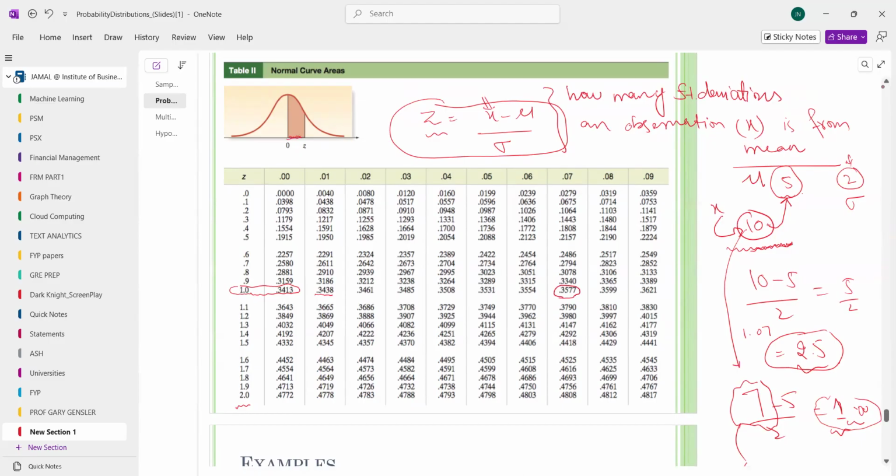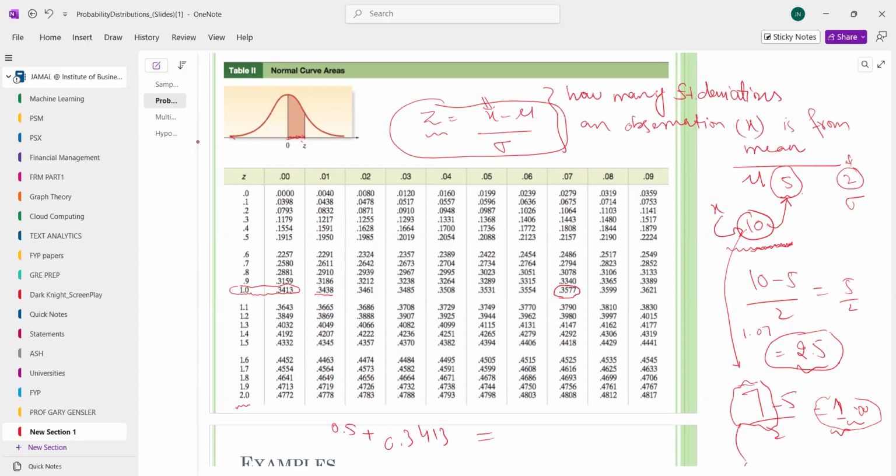And if I had to quote the probability for the 1.0, it should be from this point up until this point. So from 0 to z, it's 0.3413, but overall it would be 0.5 plus 0.3413.